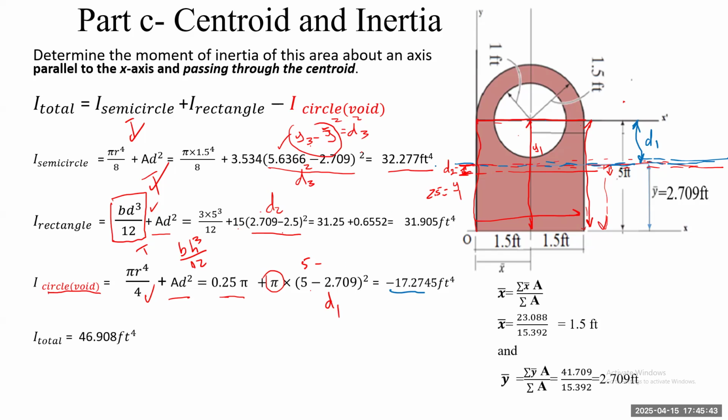And so you add that value, this value, and you subtract that one, and you get the total inertia down here. So inertia 1 plus inertia 2, less the last inertia you subtract, and you get 46.908.